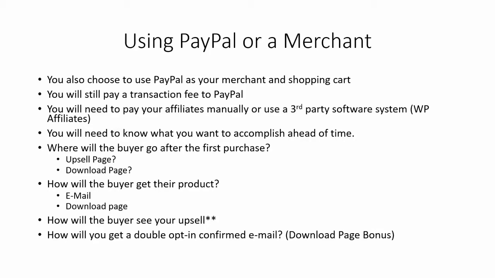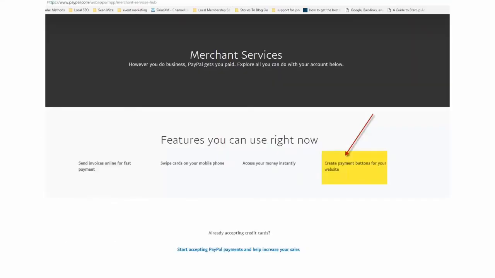You're going to get them single opt-in confirmed, but we're going to want to work a little harder to get that double opt-in. So let's talk first about how we're going to map this out.